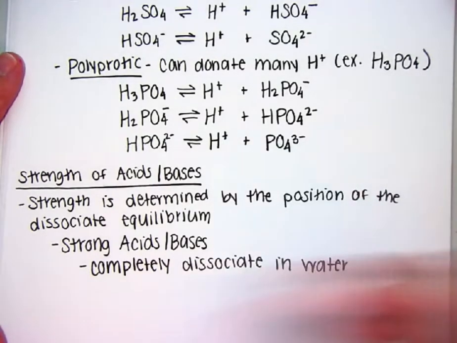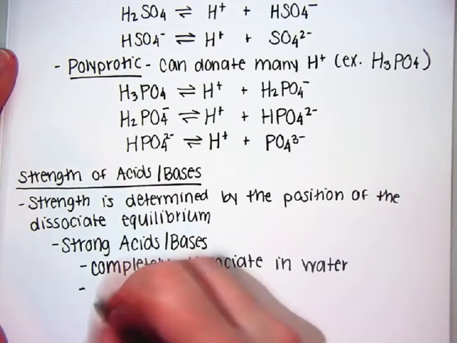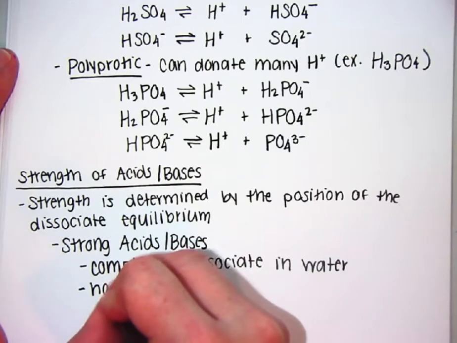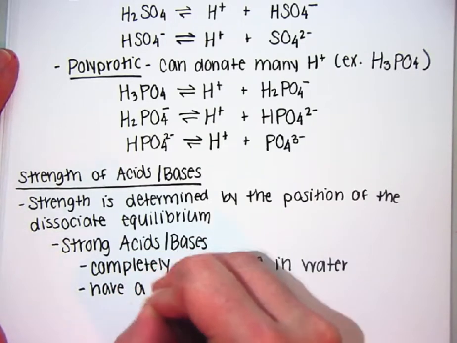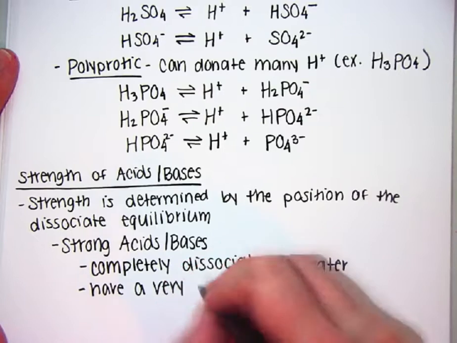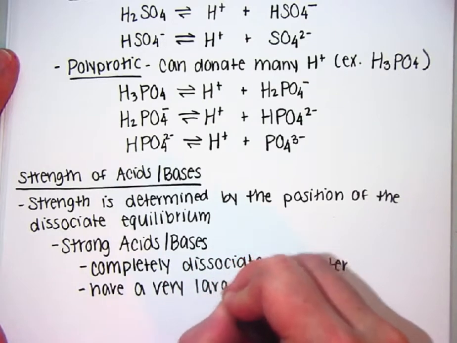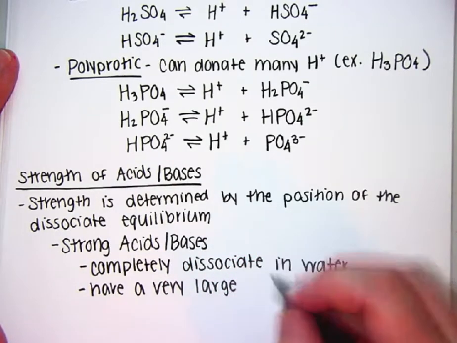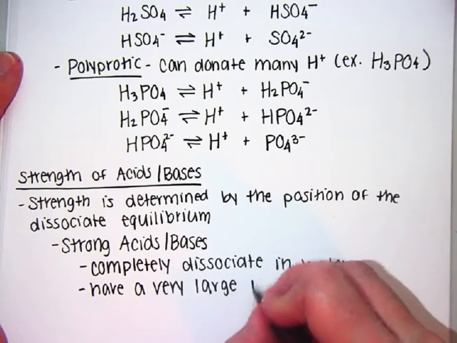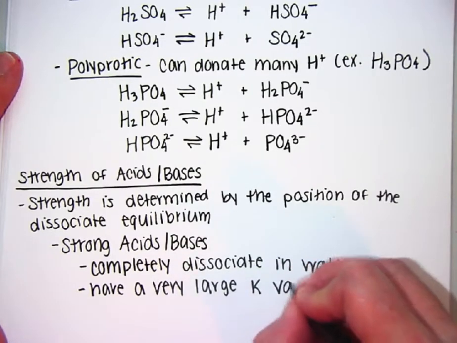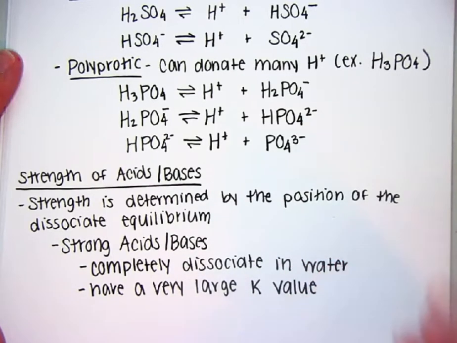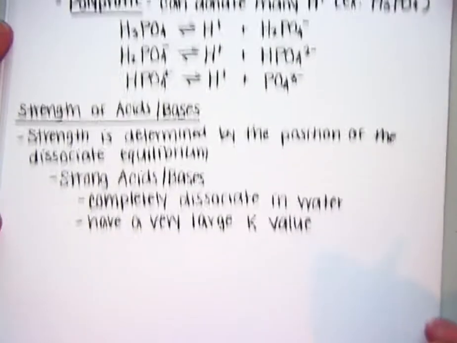If you have to rank acids based on their strength, the way you can tell an acid is strong is they have a very large dissociation or K value. If it has a big Ka, that means it's going to be a strong acid.